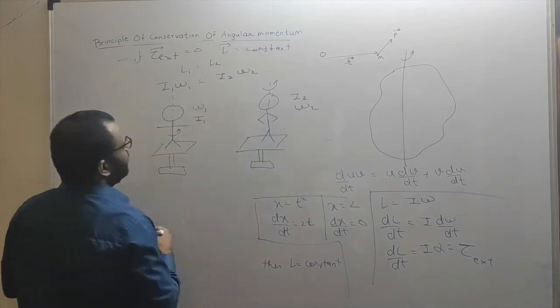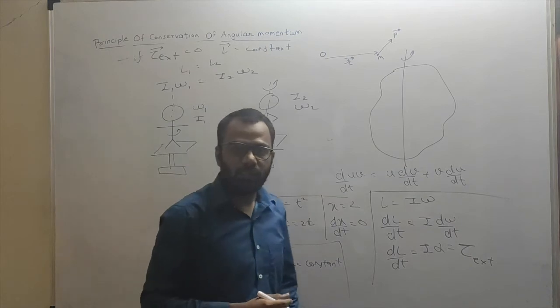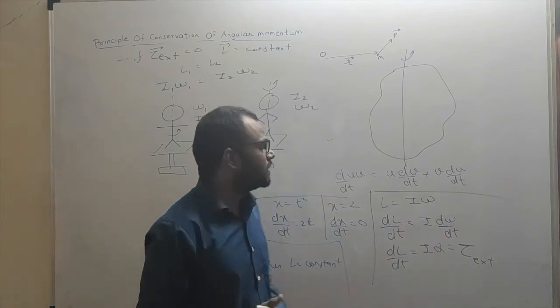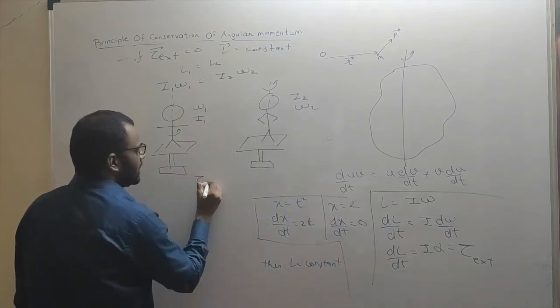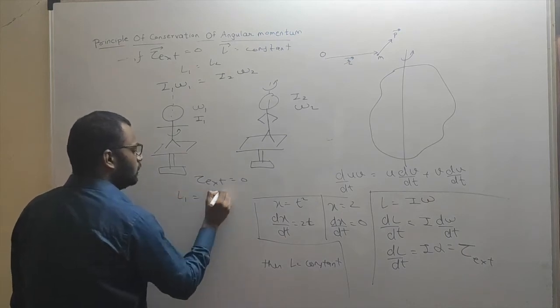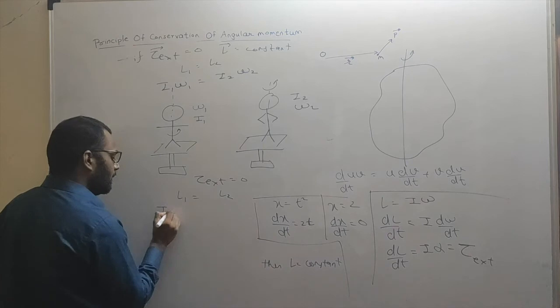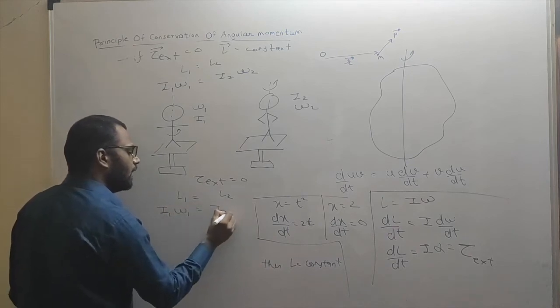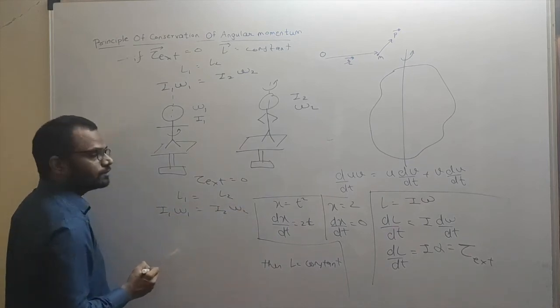Now, since there is no external torque acting on the body during this process, that means tau external is equal to 0, then L1 will be equal to L2. So I1 omega 1 will be equal to I2 omega 2.